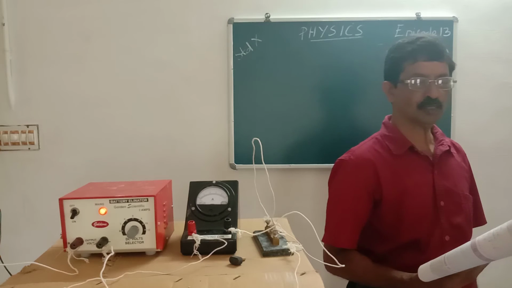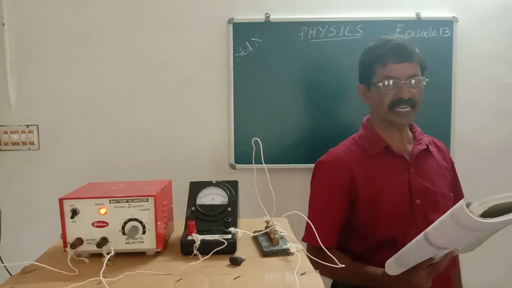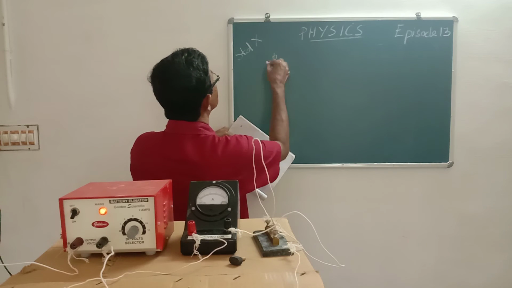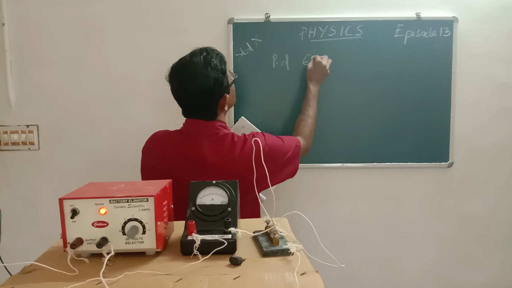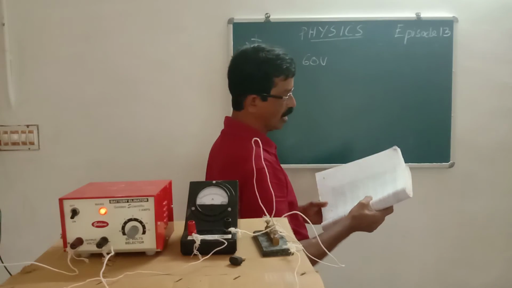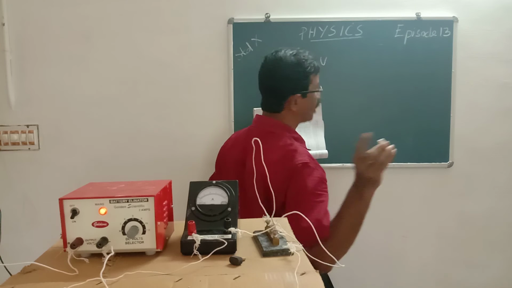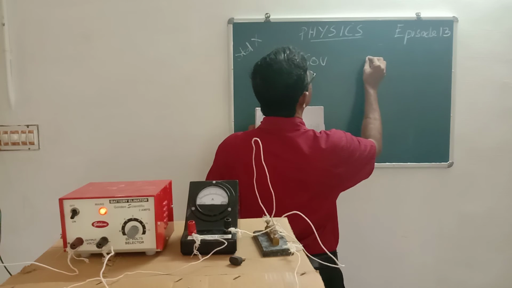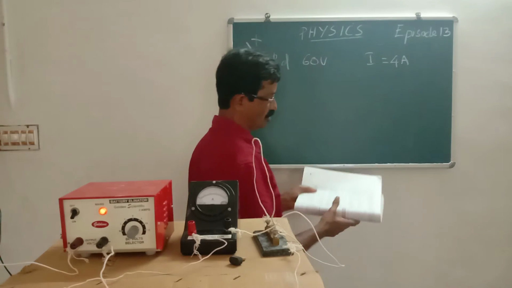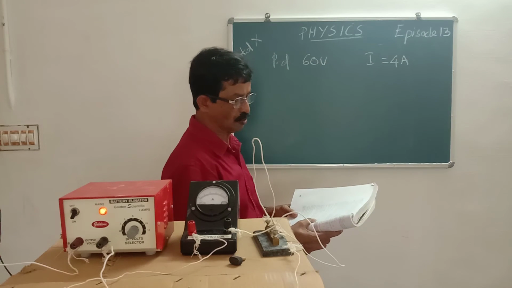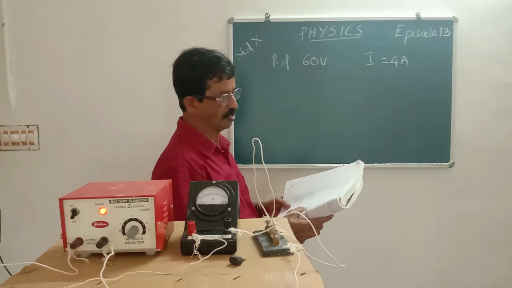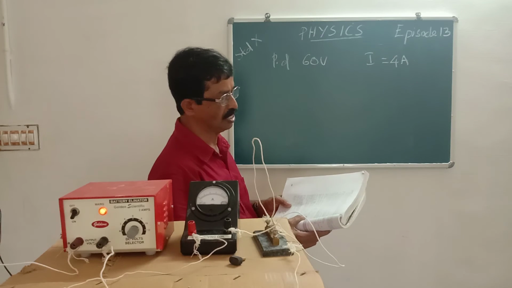The potential difference between the terminals of an electric heater is 60 volt. When it draws a current of 4 ampere, current I is equal to 4 ampere from the source, what current will the heater draw if the potential difference is increased to 120 volt?